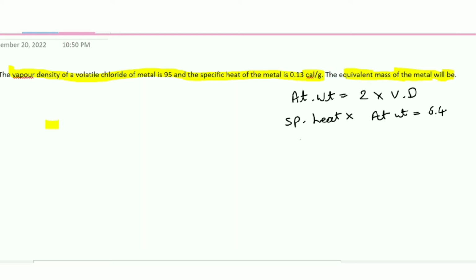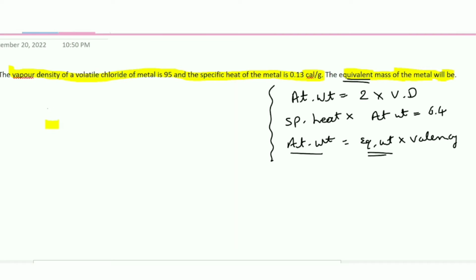One more formula for equivalent mass: atomic weight is equal to equivalent weight into valency of that matter. So the first thing, if you want to find out the equivalent weight, we need the atomic weight. So what is atomic weight?